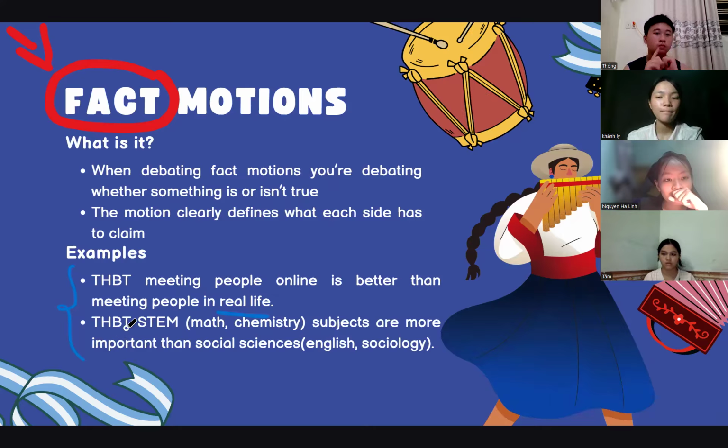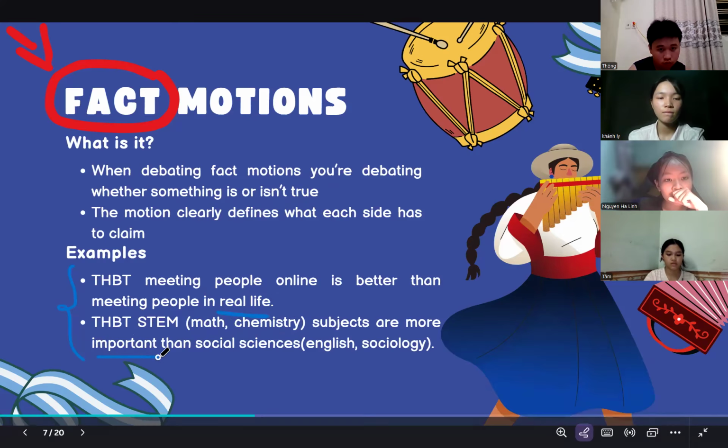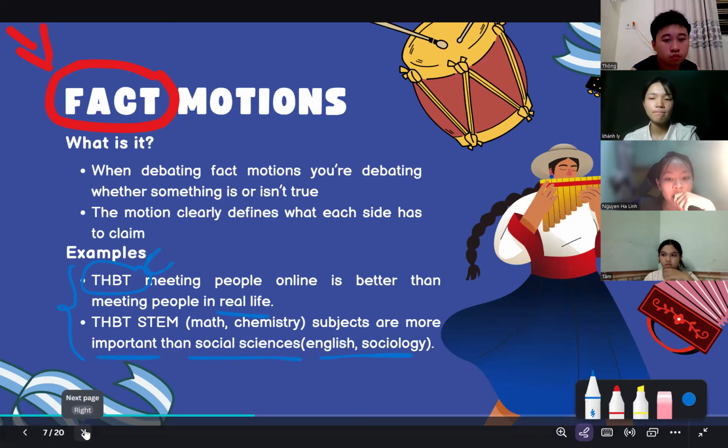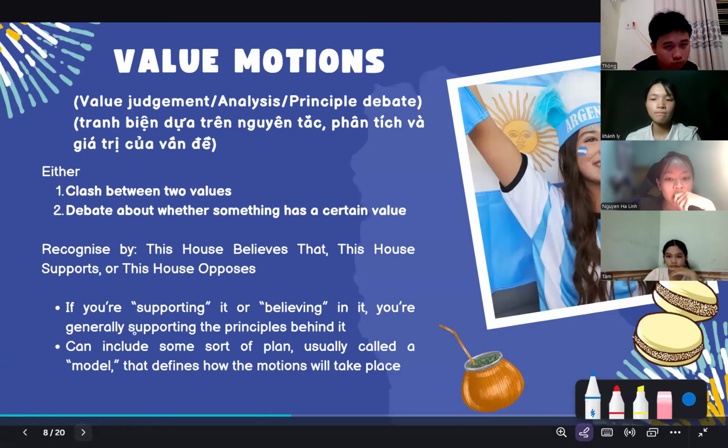Or the second one, this house believes that STEM, like math or chemistry subjects, are more important than social sciences, like English or sociology. So is that true as well? Oftentimes, a fact motion will have "this house believes that." Very common one. That's fact. You are determining if it's true or not. That's it. Next, we have value motion.